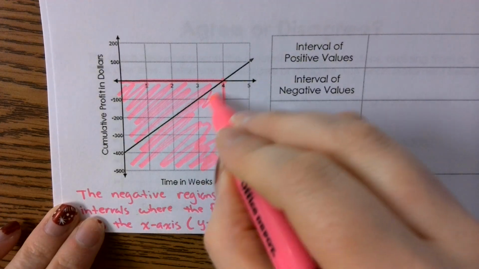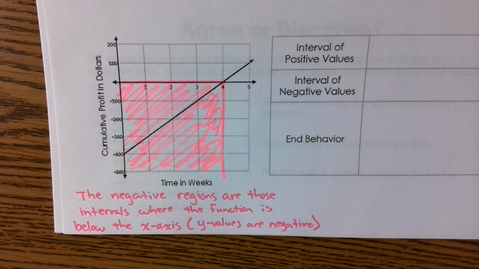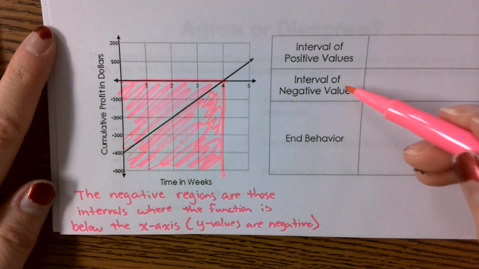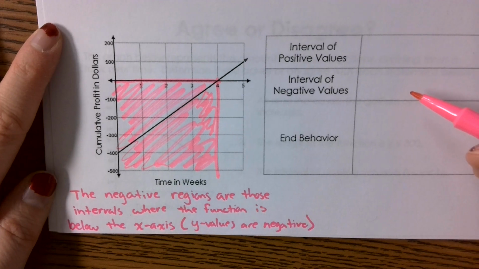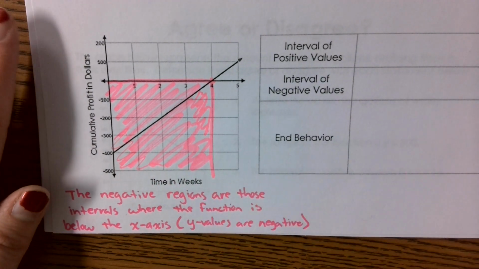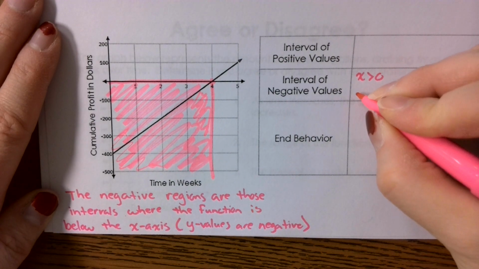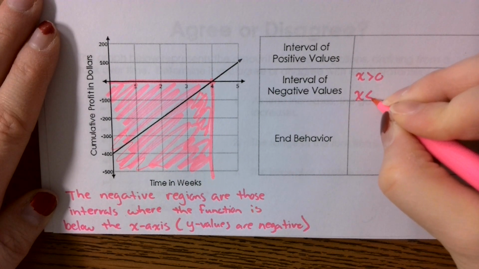Okay. So right here where it says intervals of negative values, that's going to be this entire region right here that we're discussing. So that's when x is greater than 0, but it's also less than 4.